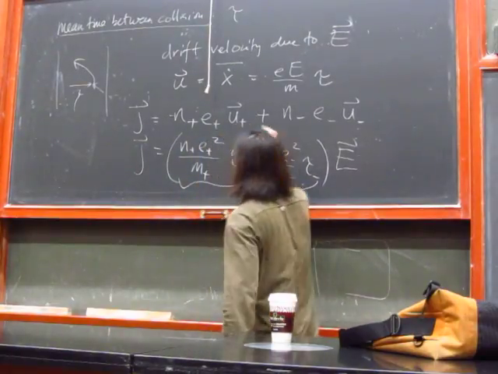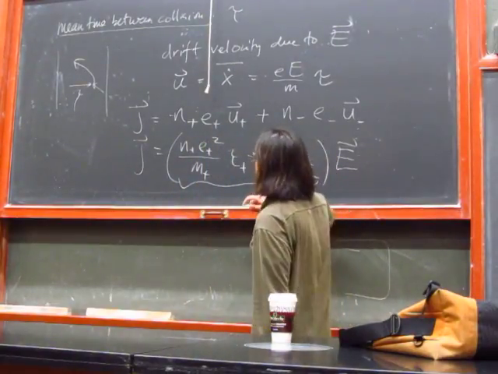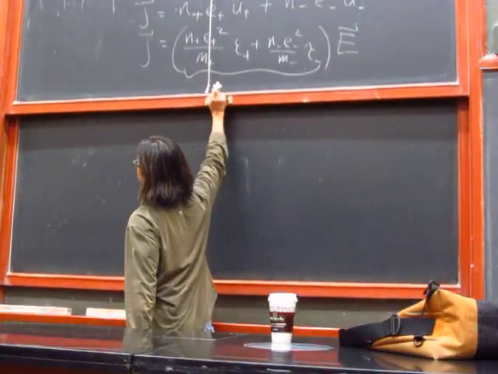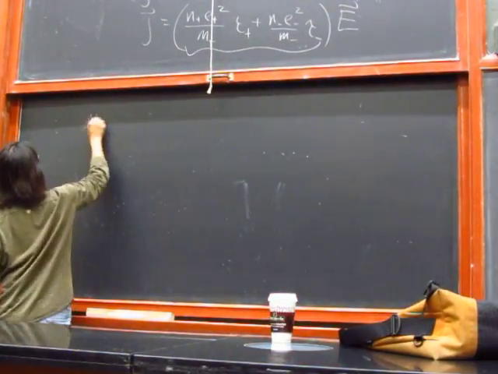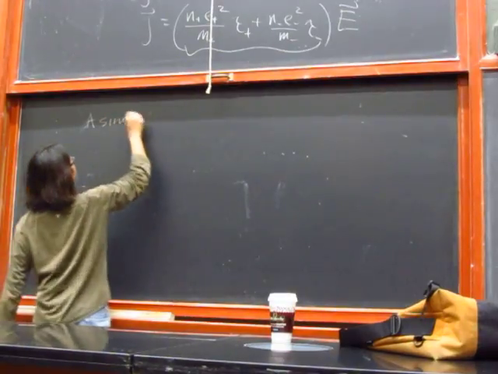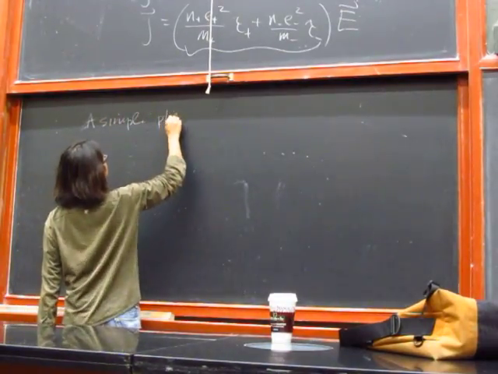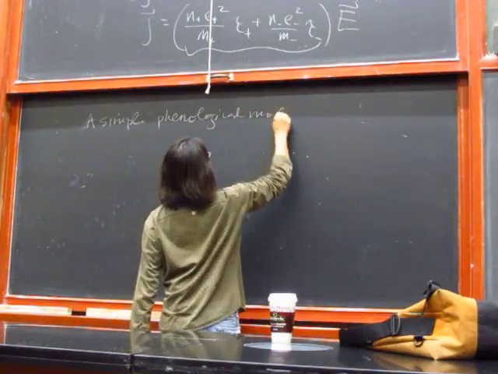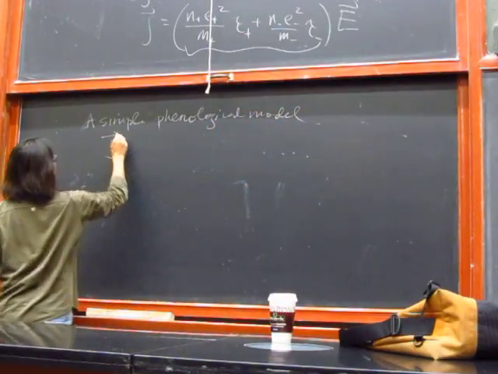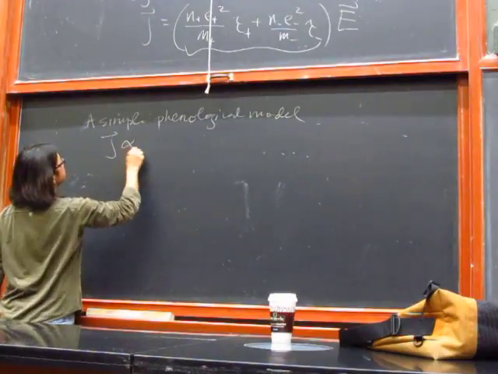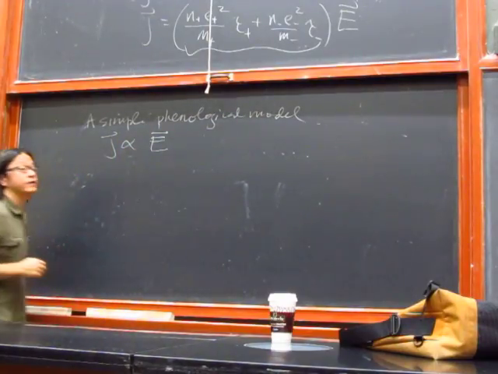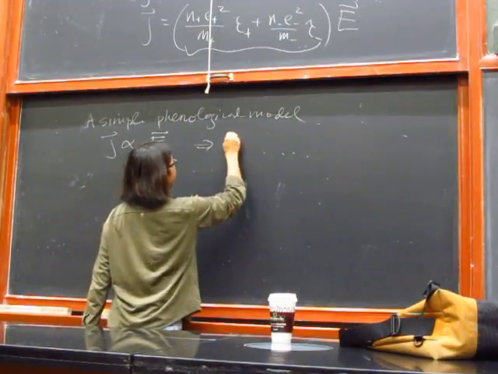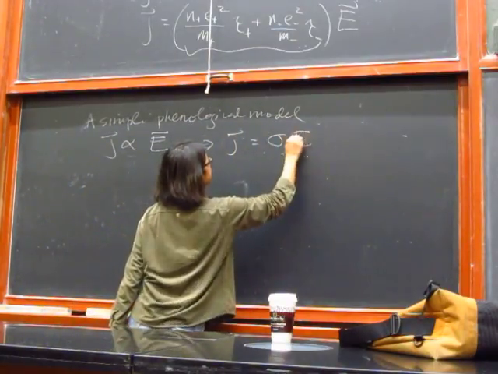This is actually difficult to derive, difficult to evaluate, but from this simple phenomenological model, J is linearly proportional to E. And the constant of proportionality is given by sigma.